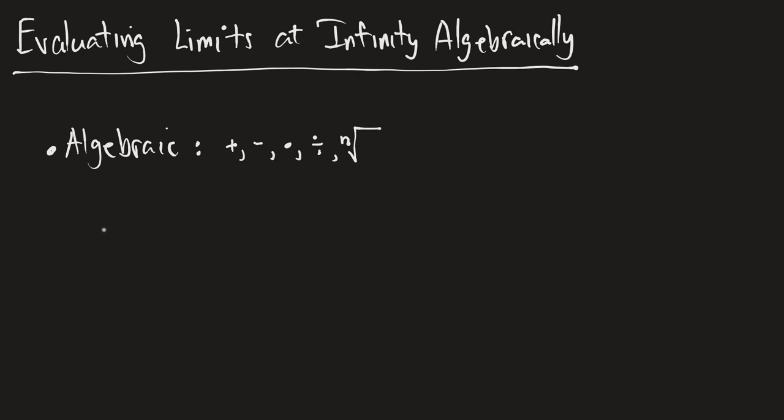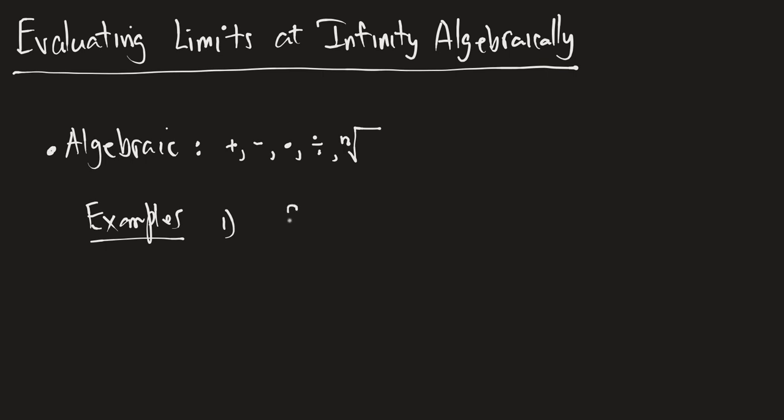So we'll do a couple examples of the algebraic, and that way, when you see the examples, you'll see what type of function I'm talking about, and then we'll describe the process. So let's start with number one.